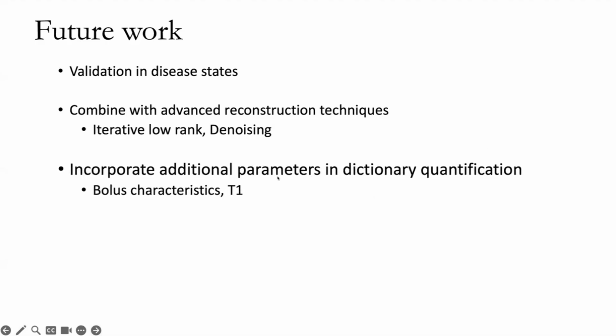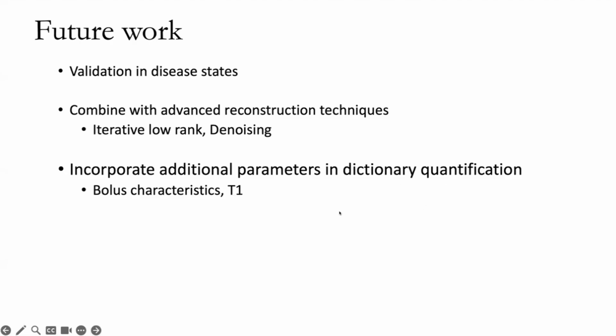I didn't really highlight this, but there is an overall magnitude difference in KPL that we can see in our volunteer experiments already. My suspicion at this point is that this is predominantly from different bolus characteristics between different experiments. So one thing I want to look at is whether we can directly quantify this out of our signal model and our acquisition itself.